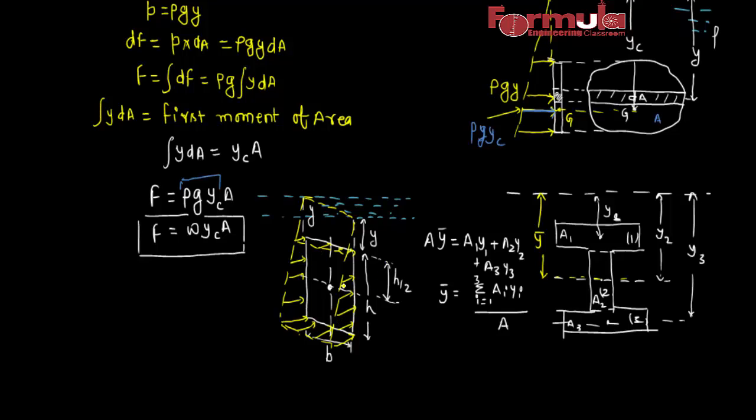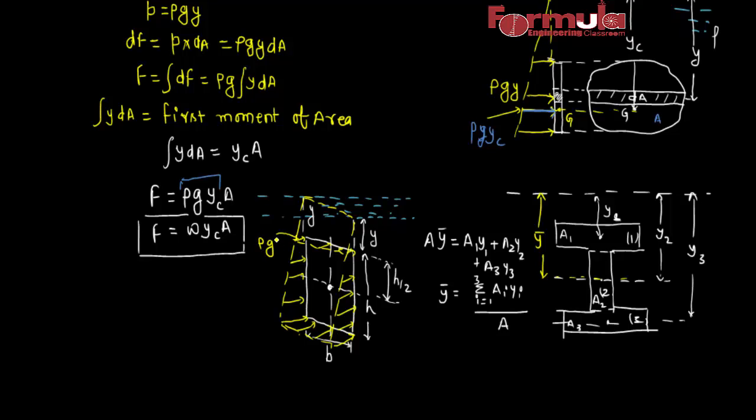We know at the top edge of this rectangular plane surface the pressure intensity will be rho g y, because the top edge is at a distance y below the free surface.